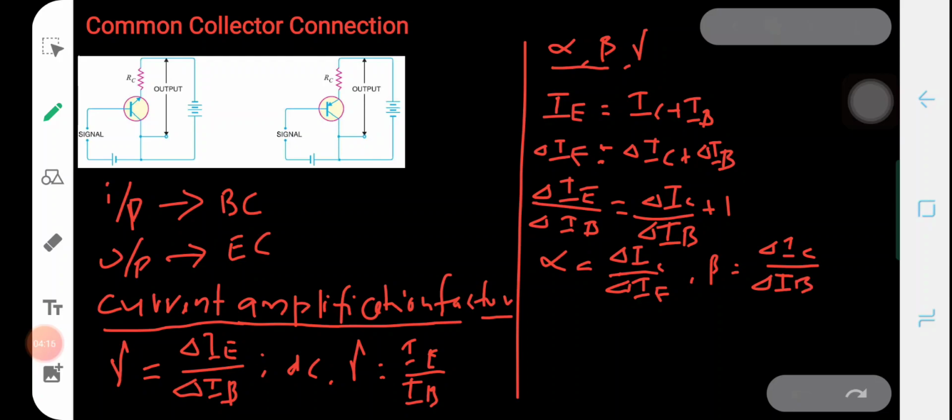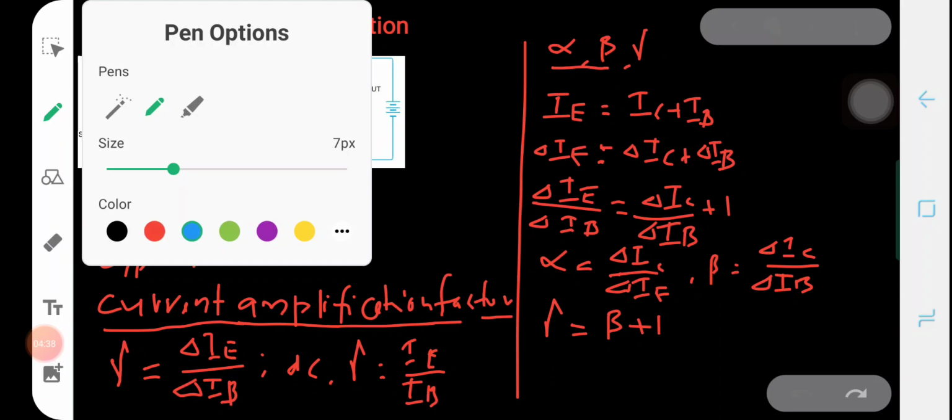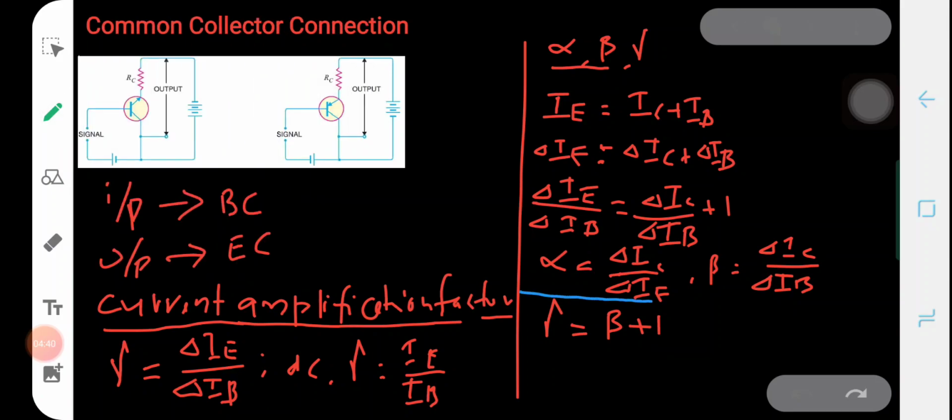So in the above equation, delta IE by delta IB is gamma, and delta IC by delta IB is beta, so gamma is equal to beta plus 1. This is the one expression which relates gamma and beta, that is, the current amplification factor in the common collector connection and the common emitter connection.